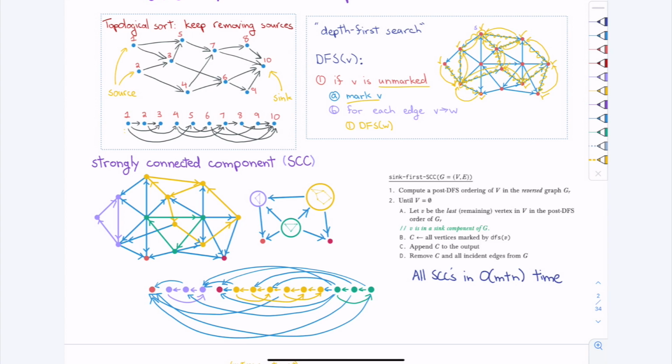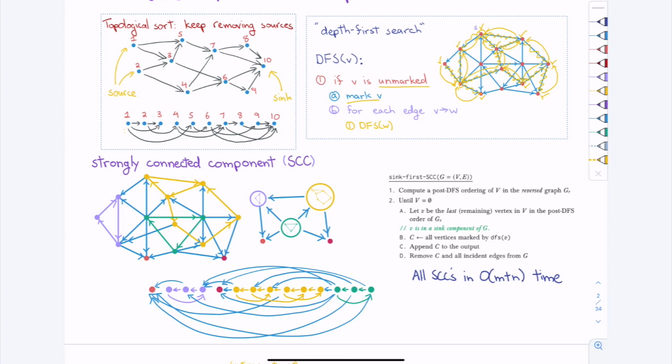For one, if you contract the strongly connected components, what's left is sort of a DAG of these contracted vertices. And it turns out that if you're very clever, you can actually extract all of the strongly connected components in linear time with a few different applications, ultimately, of depth-first search. I think it's almost the most impressive thing I can think of that we can do in linear time. It's faster than sorting.